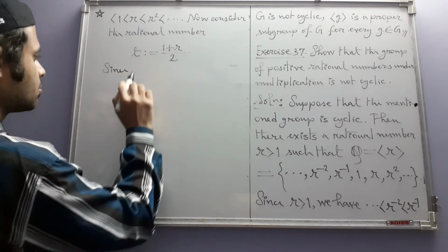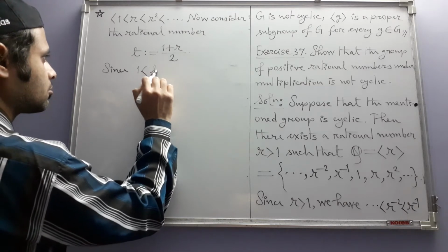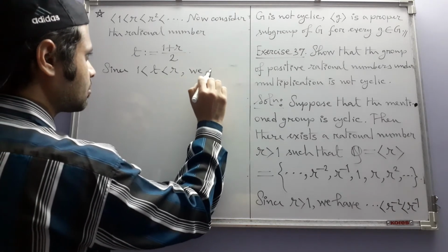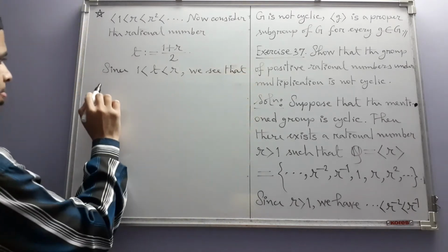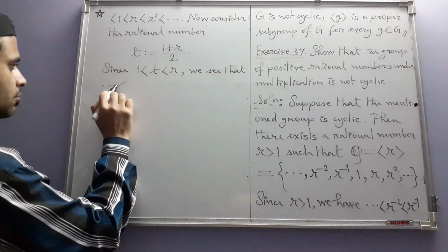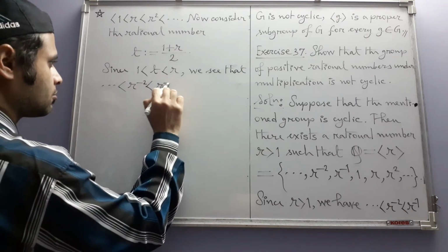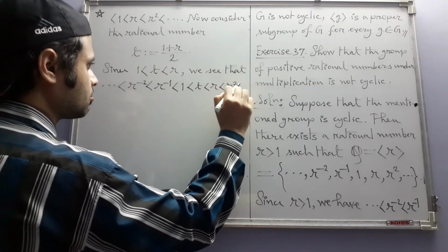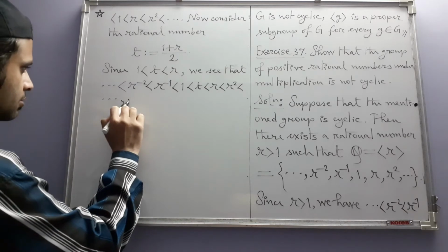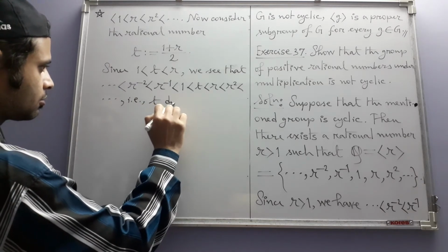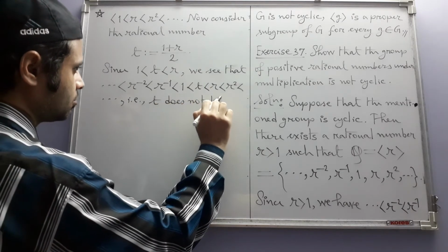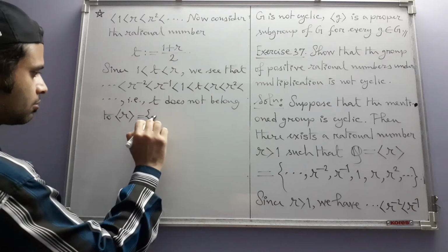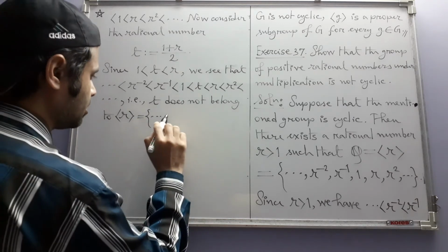Since 1 is less than r, we see that t does not belong to the cyclic group generated by r.